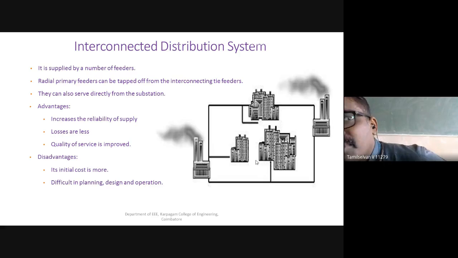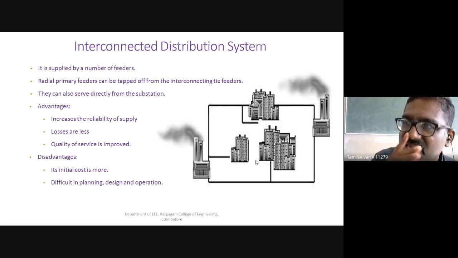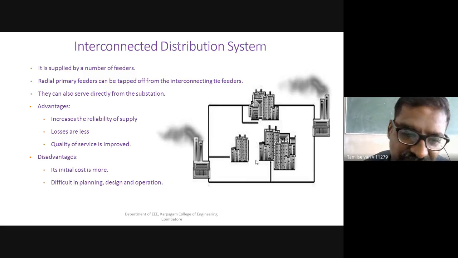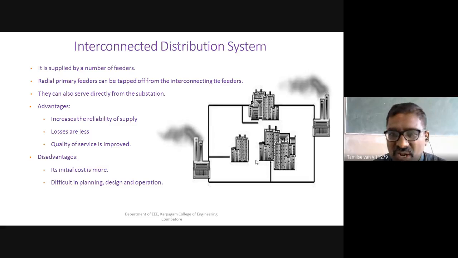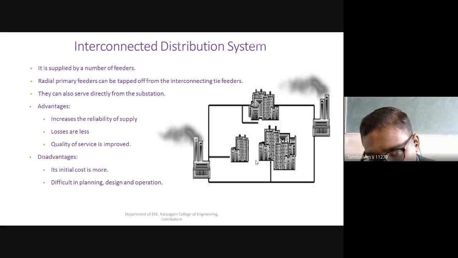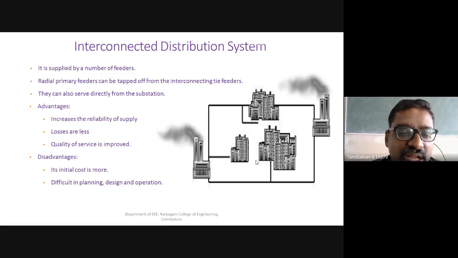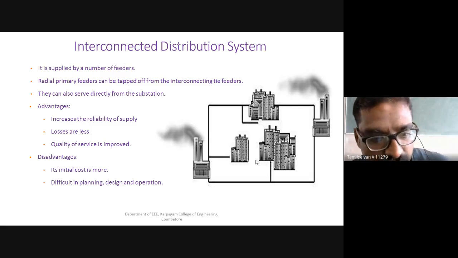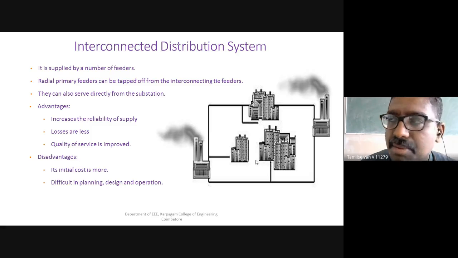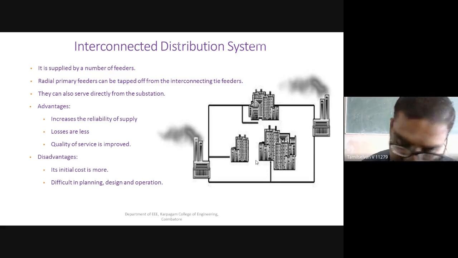Because however much power is needed can be easily tapped from the feeders. One of the main disadvantages of this interconnected system is the initial cost, which is more, and the difficulty in the planning, design, and operation.